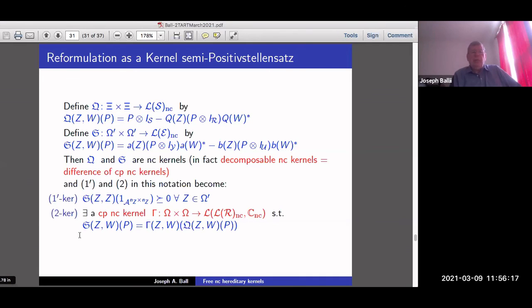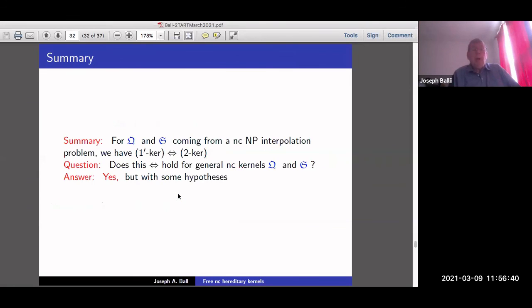And the certificate is there's a completely positive non-commutative kernel K, so that K(Z,W,P), a much more elaborate thing, factors through the completely positive kernel with the Q. So when you take P equal to identity, Z equal to W, then condition 2 becomes condition 1 prime. You read it off. That's what I say here. So does this if and only if hold for more general non-commutative kernels Q and S?